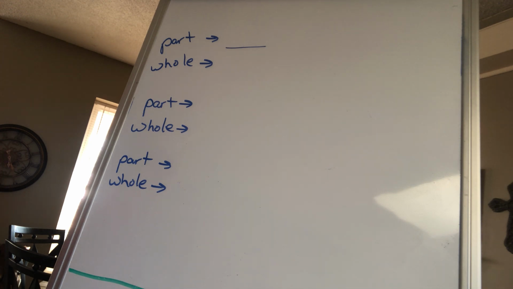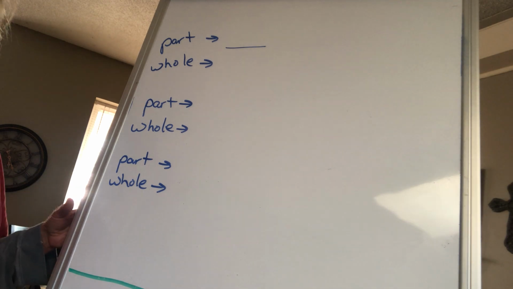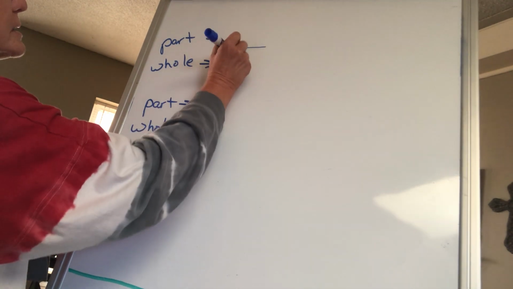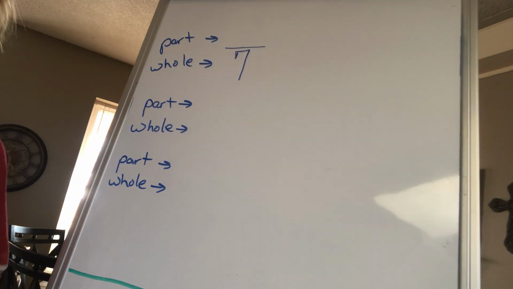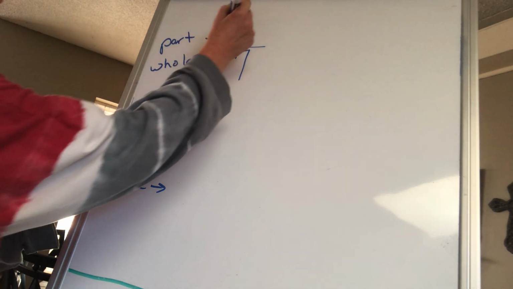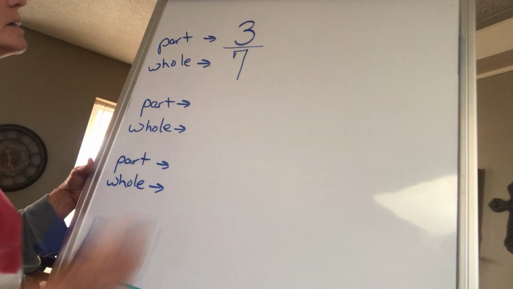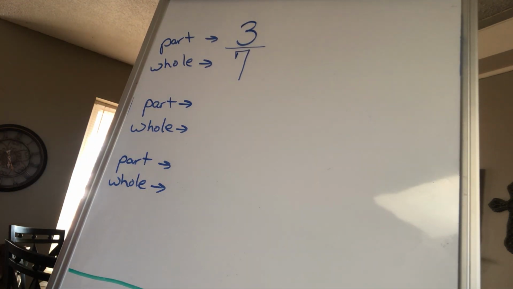All right, so how many whole yards did she have altogether? Well, she bought 7 yards of fabric, and what fraction has prints on it? It says 3 yards of fabric has prints on it. Okay, so the part of the fabric that has prints is 3. And then we see, is it in simplest form?